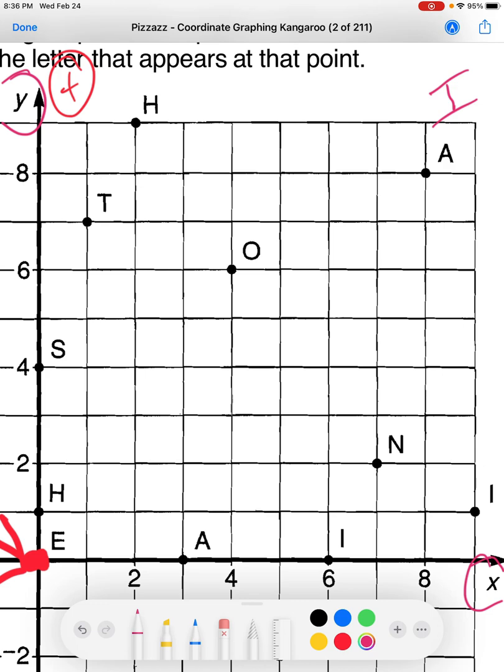And every coordinate, for example, like this T here, needs to have two numbers. We put parentheses around it with a comma in between the two numbers, and those two numbers are just like you would think the alphabet. It's x and y, right? So the alphabet goes x to y, so we need to put the x number first, then the y number second.